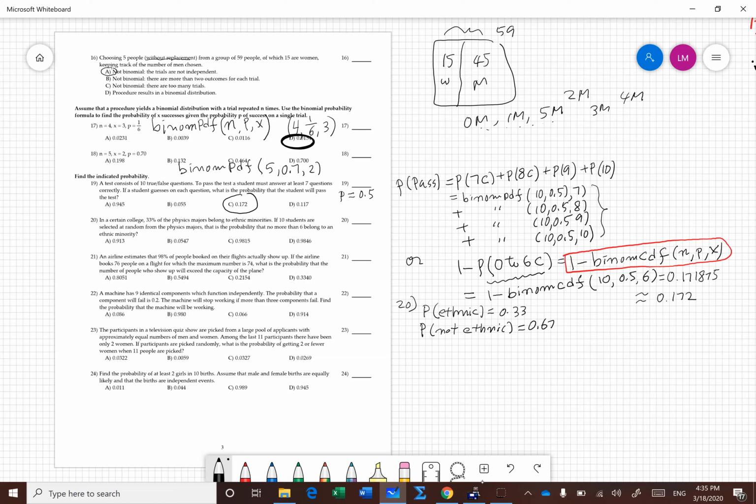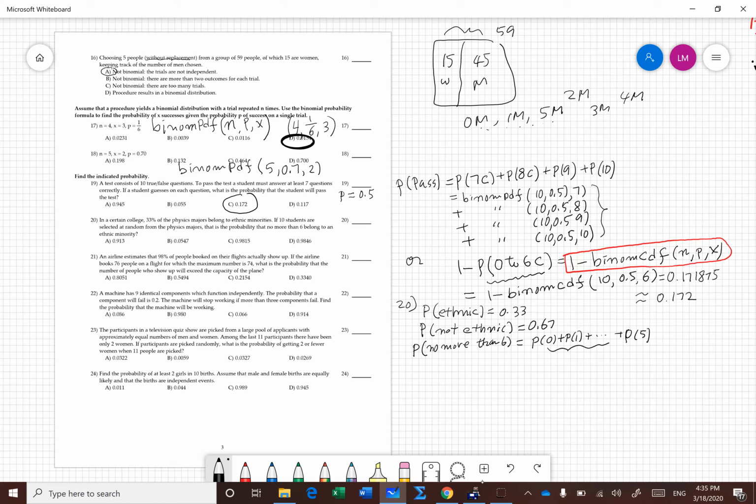So what is the question? If 10 students are selected, what is the probability of no more than 6? No more than 6 means what? 0 to 5. So the probability of no more than 6 is the probability of 0, probability of 1, all the way to the probability of 5.